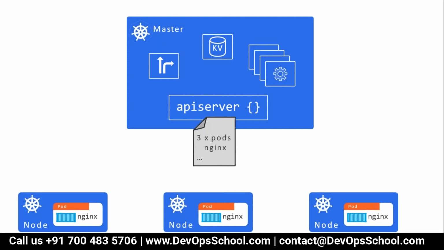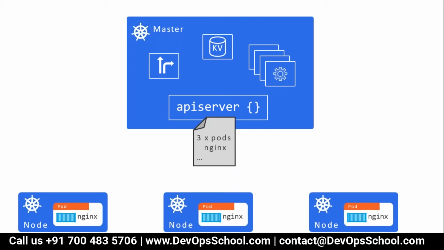How did you get it? I think you know that, but I will repeat one more time. You have a desire: I want 3 pods of Nginx in my cluster. You declare it in YAML or JSON and send it to the API server. The API server stores that in the key-value store, which is etcd. The controller manager reports that in my cluster you have 0 pods of Nginx.